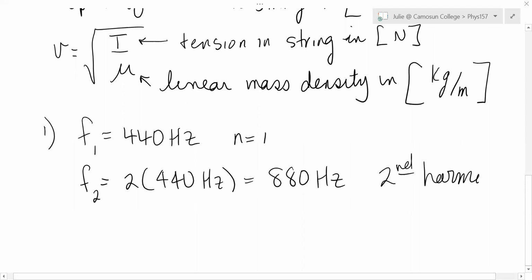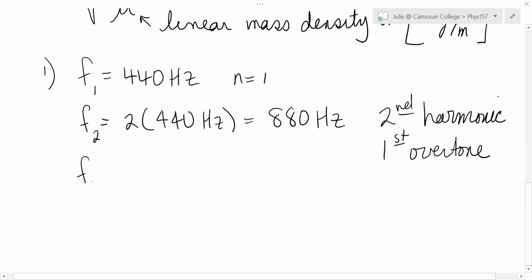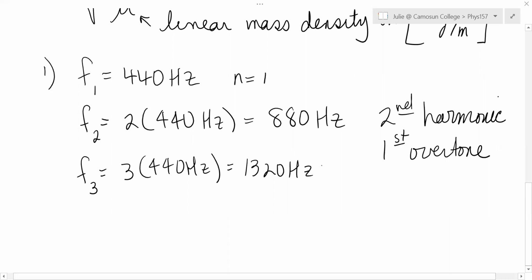Now this is also called the first overtone, which is a bit of a nuisance, but that's what they do. So that's the first overtone or the second harmonic. F3 would be 3 times the fundamental, and so that would be 1320 hertz. So that's called the third harmonic.